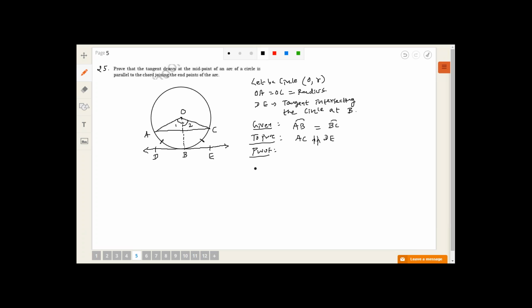So, since midpoint B of arc ABC is given, we have angle 1 equal to angle 2, that is angle AOB is equal to angle COB.